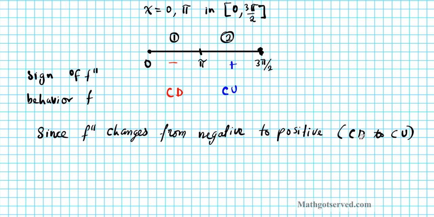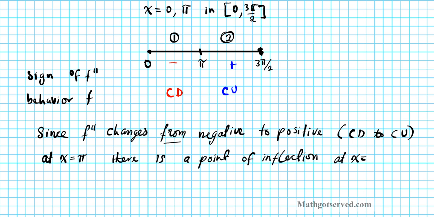Talking about the concavities is as effective as talking about the sign of the second derivative. So since f double prime changes from negative to positive at x equals pi, there is a point of inflection at x equals pi.